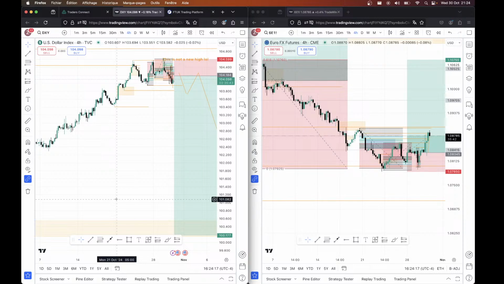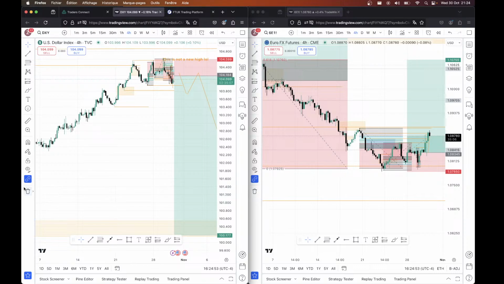Other forex pairs are the Japanese yen, the pound, the Swiss franc, and another one, the Swedish krona, maybe, I don't remember. But the idea is that euro weighs a lot in the dollar index, and studying both charts can enhance, that's my view, the decision making on taking trades.